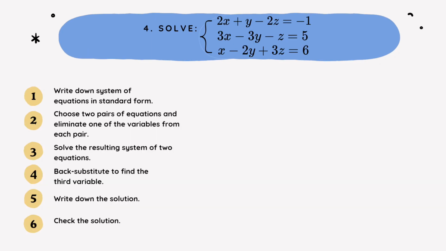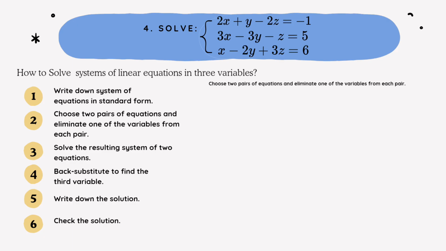For our next example, we will now solve 3 linear equations. So how do we solve systems of linear equations in 3 variables? The first step is to write down the system of equations in standard form. But since our equations are already in standard form, we can skip this step and proceed to choosing two pairs of equations and then eliminate one of the variables from each pair. In this case, let's eliminate z.